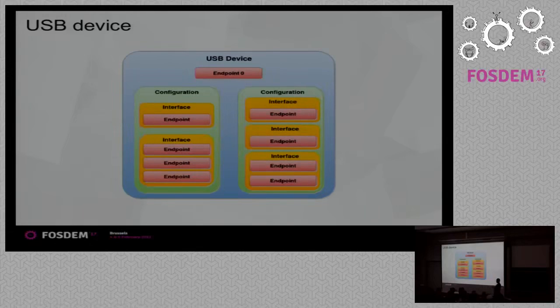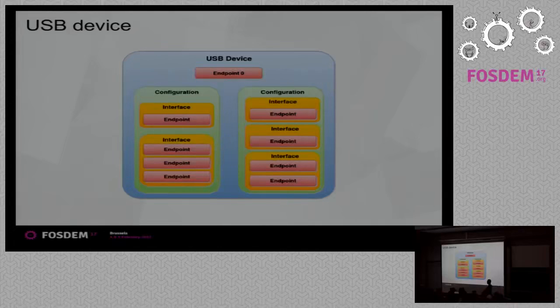Usually an interface has one endpoint, like in a human interface device, because you are sending only the information about mouse movements or keyboard strokes, or you have two endpoints, one in the IN direction and the second in the OUT direction. So you get a bidirectional communication channel between the host and the device.